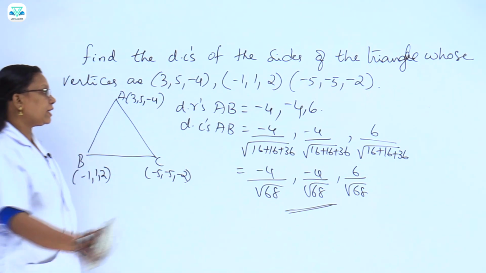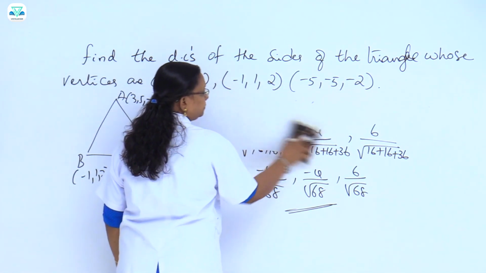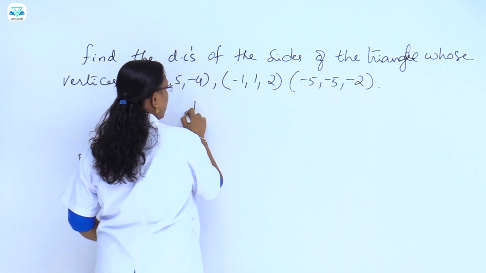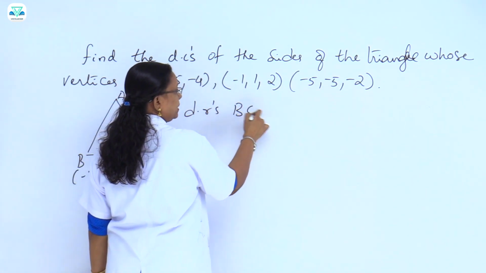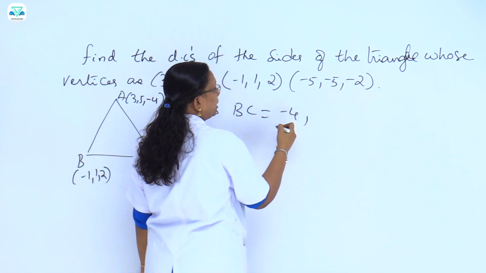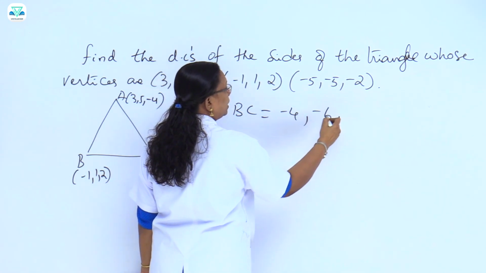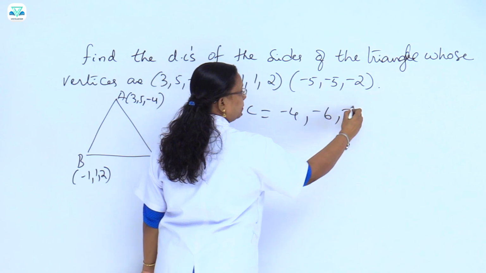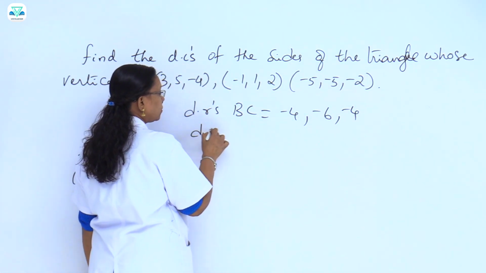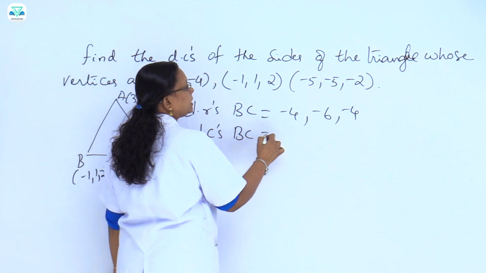So, coming to the direction ratios of BC, with points B and C: minus 5 plus 1, minus 5 minus 1, minus 2 minus 2, that is minus 4, minus 6, minus 4. So what are the direction cosines of BC?